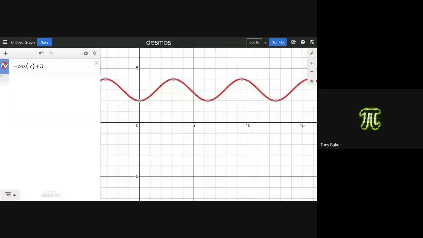And if you graph this one, this is what it would look like. It's shifted up. It shifted up and flipped over, basically. And we have the values of 3 in the middle, which we typically don't show because it'll align.